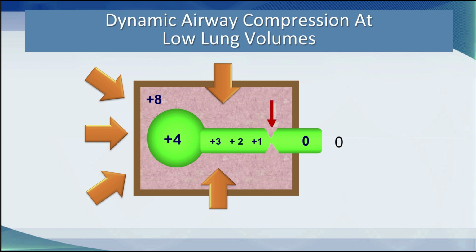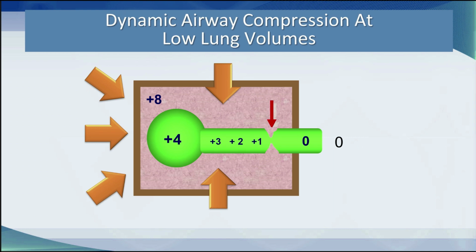So the pressure outside in the pleura is higher than the pressure within the airways. There is dynamic compression of these airways, and gas gets trapped in the alveoli, and this causes the problem of auto PEEP.